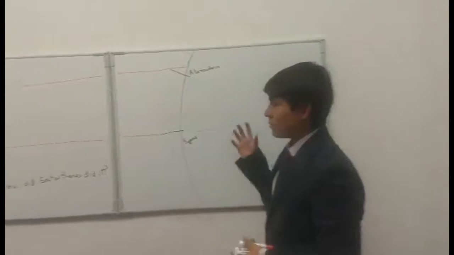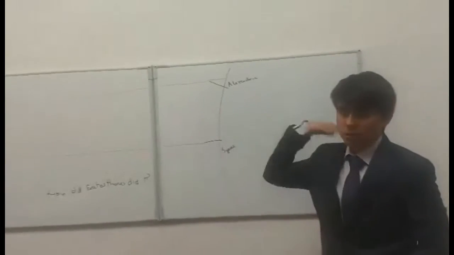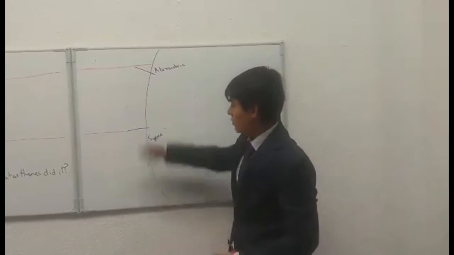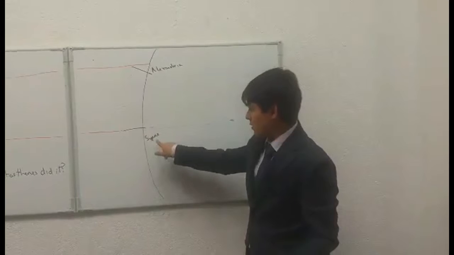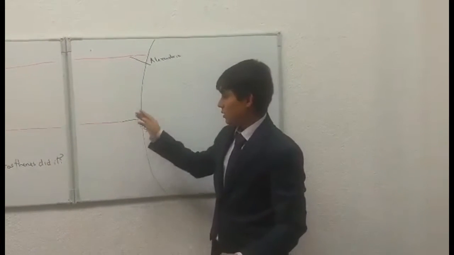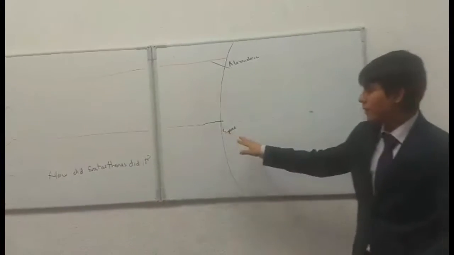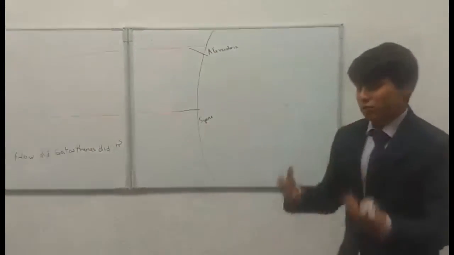An interesting example of the application of this concept is the one that Eratosthenes used a long time ago to measure the circumference of the Earth. So how did he do it? Well, at some point of the year, the shadow of the sun was none. And at the same time, in Alexandria, there was a shadow.